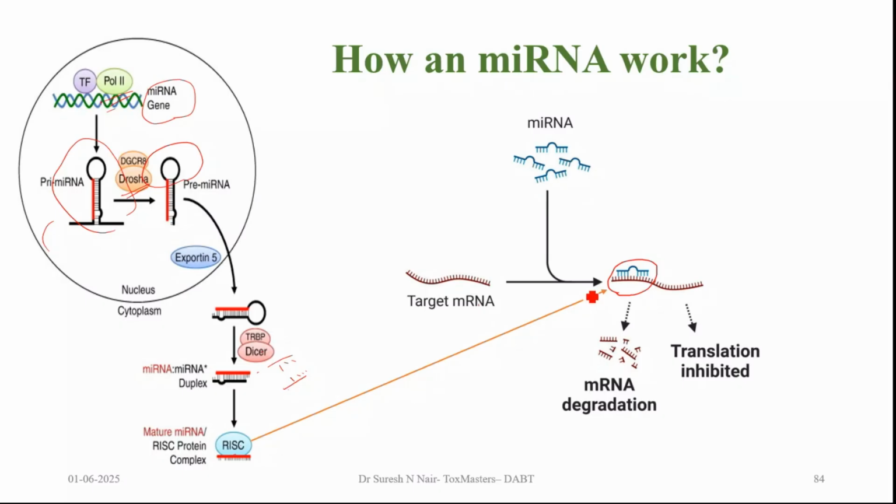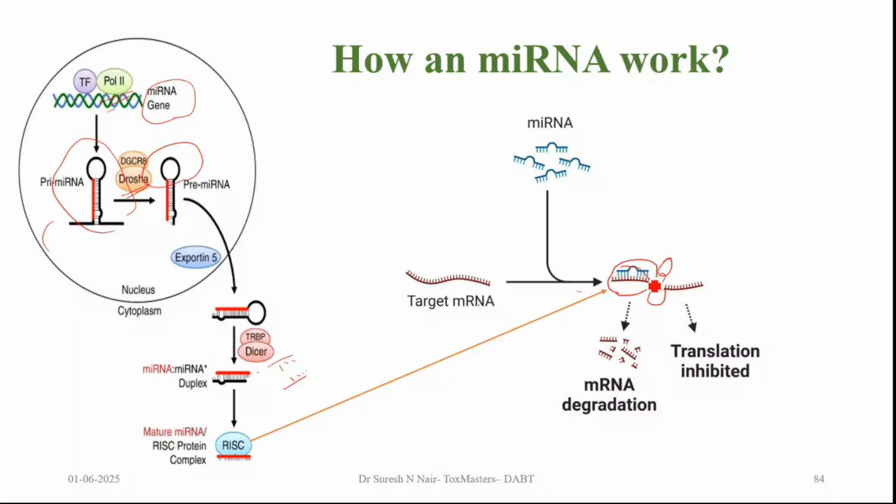And this double-stranded structure disintegrates the integrity of the mRNA. There are two fates for such an mRNA. Either the mRNA will undergo degradation, or when it is attaching to the ribosome, it cannot enter into the ribosome.